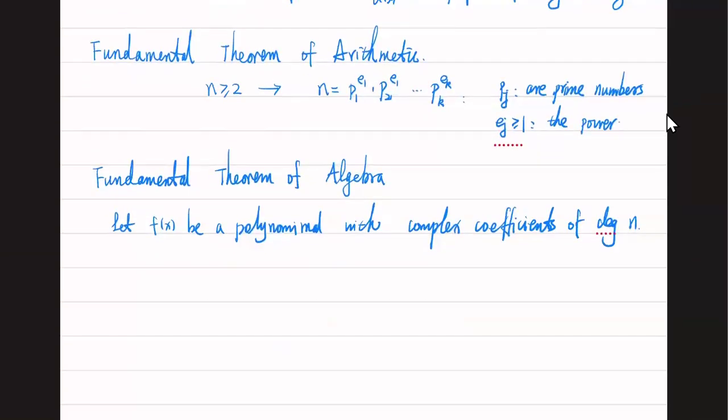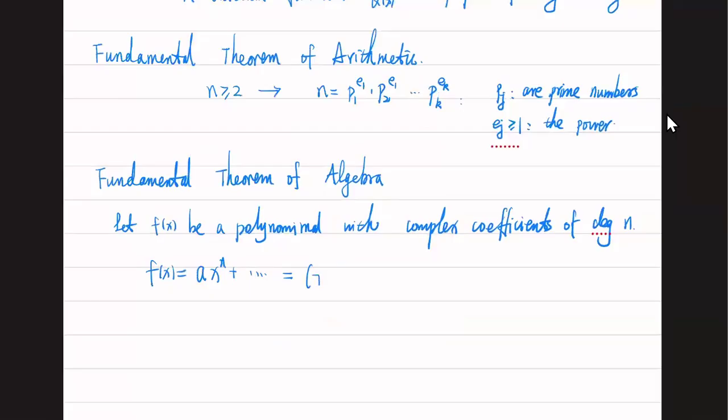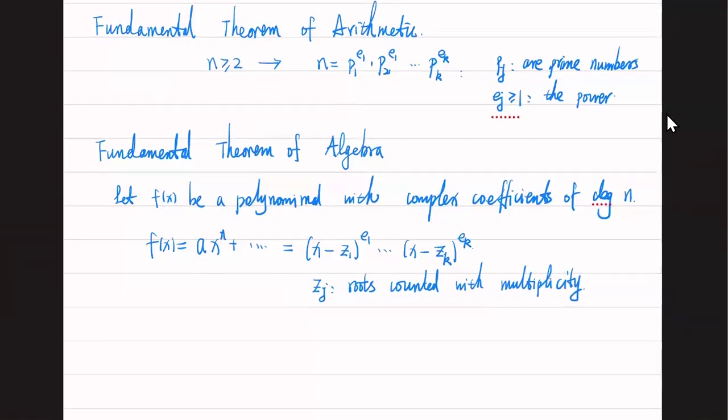Then we have the decomposition. It can be written as the product of linear factors, where these are the roots counted with multiplicity, and e_j is the multiplicity.